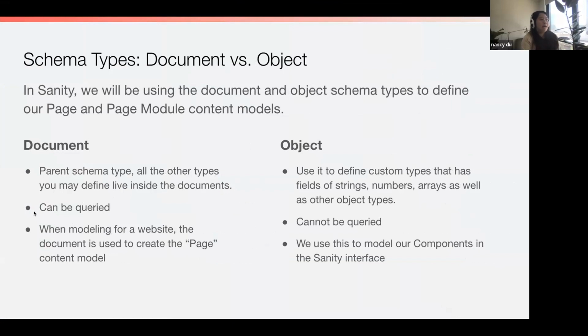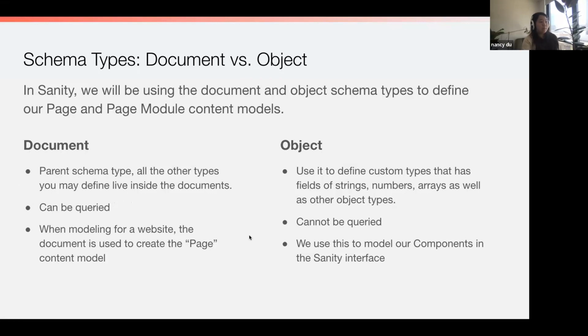Interesting to note here is that documents are the only ones that can be queried when it comes to actually fetching your data. Things like pages are things that we want to be able to fetch all of, so it needs to be a document type.